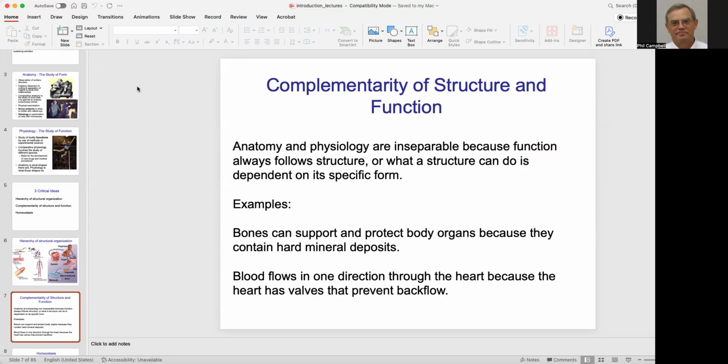It just crawls along. That would be you without bones. So bones have to have a certain rigidity, but also plasticity. That type of anatomy or structure enables the function of bone. Okay, that's example number one.